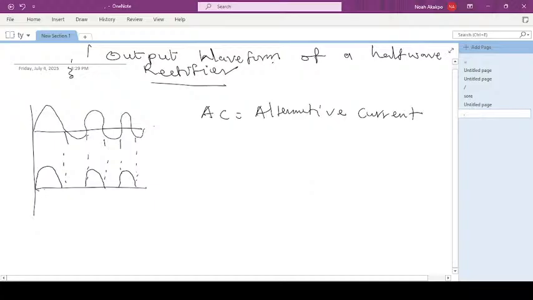But in half wave, only the positive half cycle's output is presented. So the negative half cycle input is removed from the output voltage. So in the output voltage, only the positive half cycle.